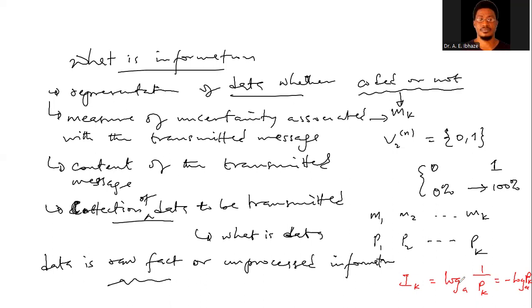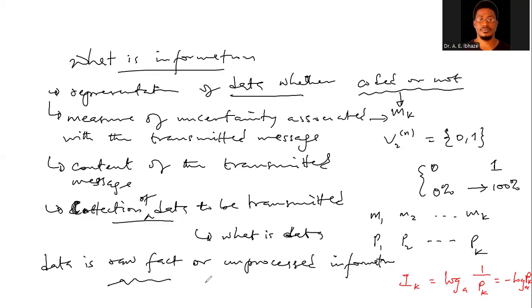Now, this base determines the unit. If a is 10, we say it is Ban or Hartley. If it is 2, it is bits. If it is base e, it is the natural logarithm, nat. But we are working in base 2.